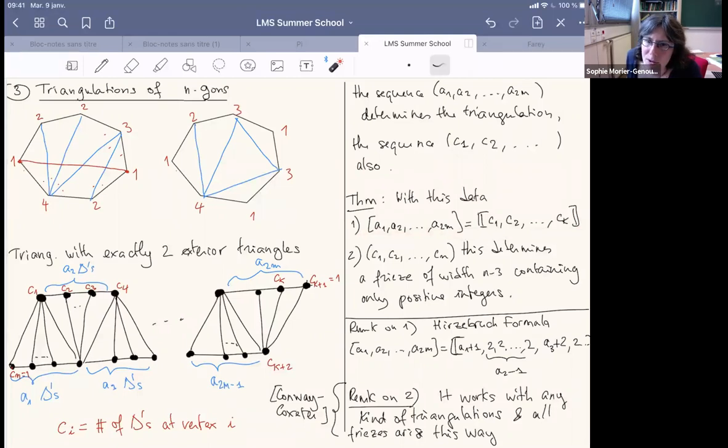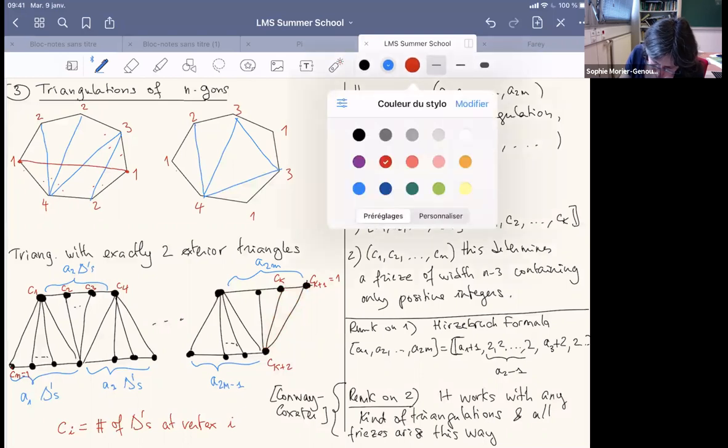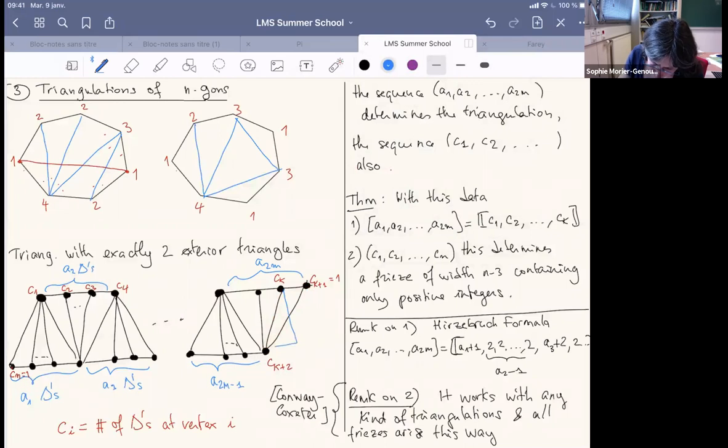Yes. It's the same for the Hirzebruch formula. You don't really need to have an even number of terms, but what happens is the ambiguity that you have on the fraction, you also have it here on the triangulation, because I could have considered that this triangle has the base up.